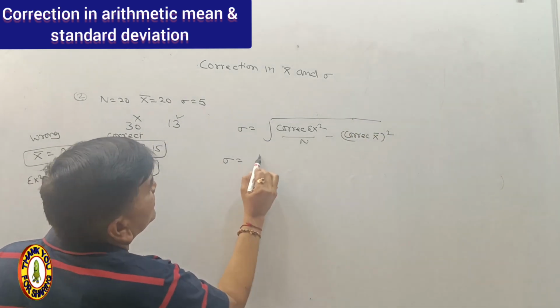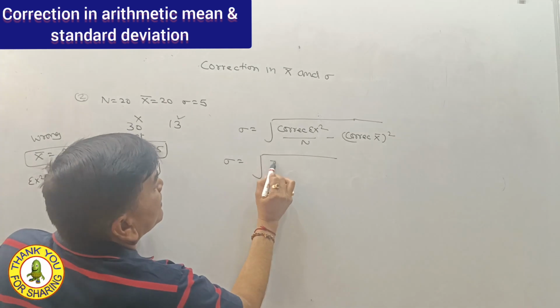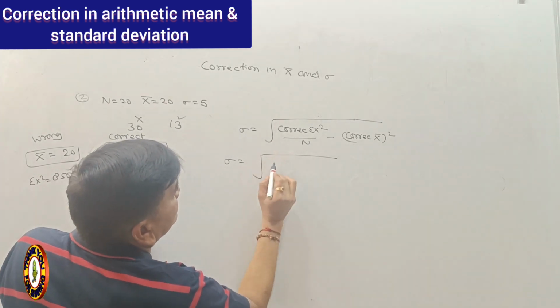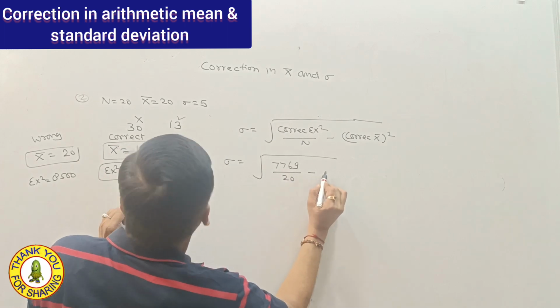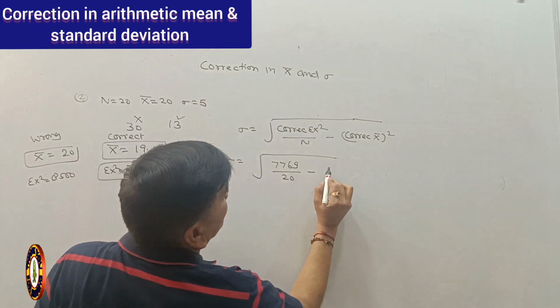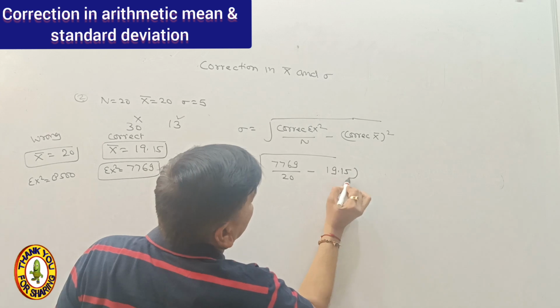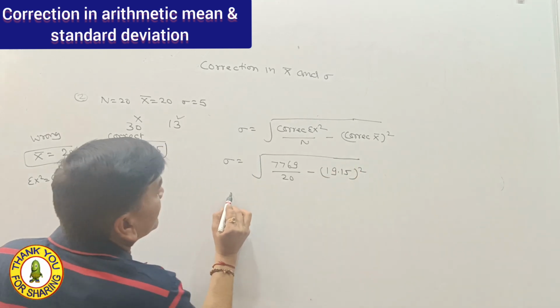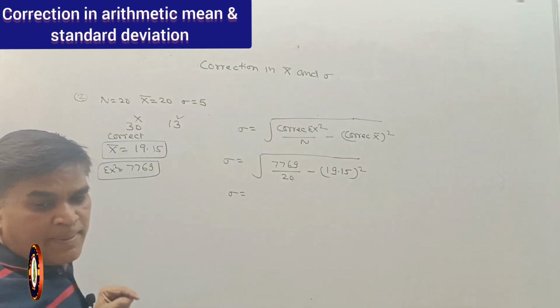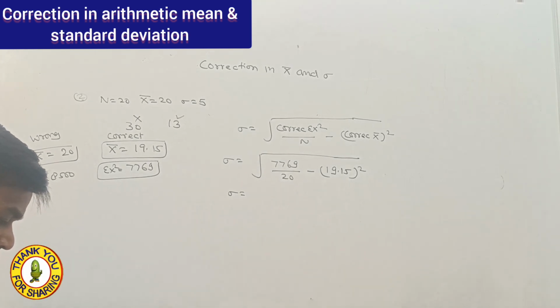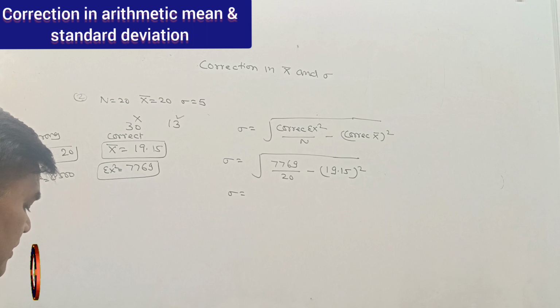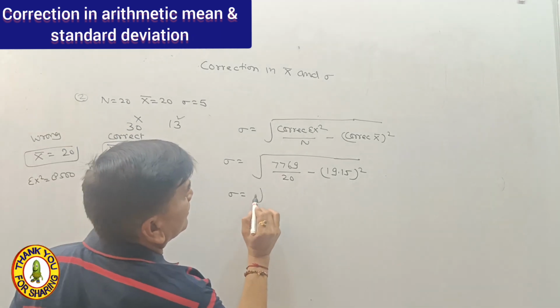So 7769 divided by 20 minus 19.15 raised to power 2. That is 388.45.